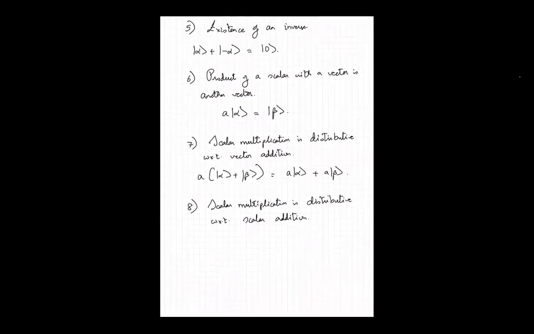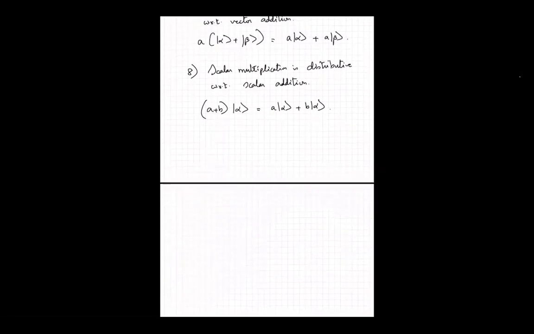This again means that if I have two scalars a and b, and I multiply this with a vector alpha, this is the same as constructing the vector a alpha and constructing the vector b alpha and adding them. The addition of scalars distributes with respect to multiplication. Okay.